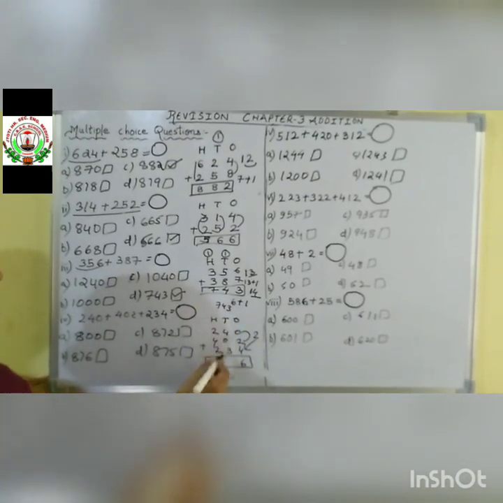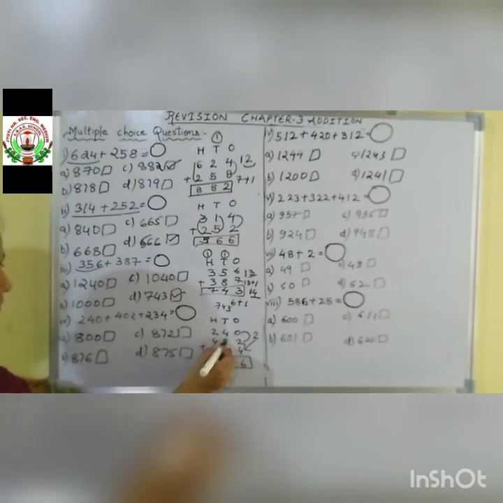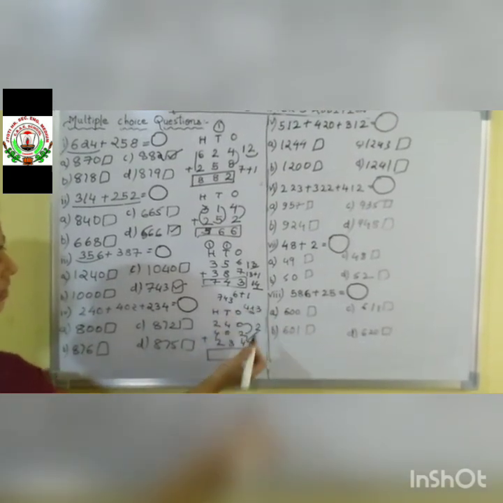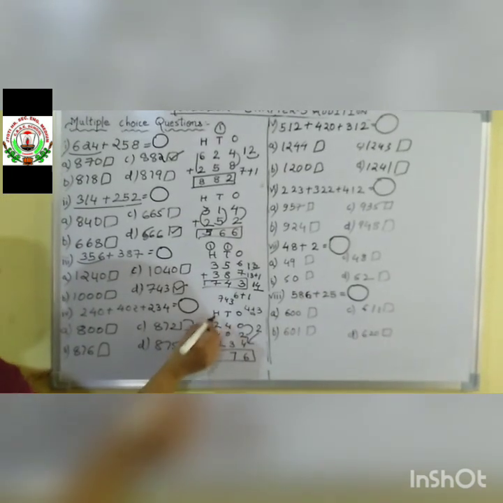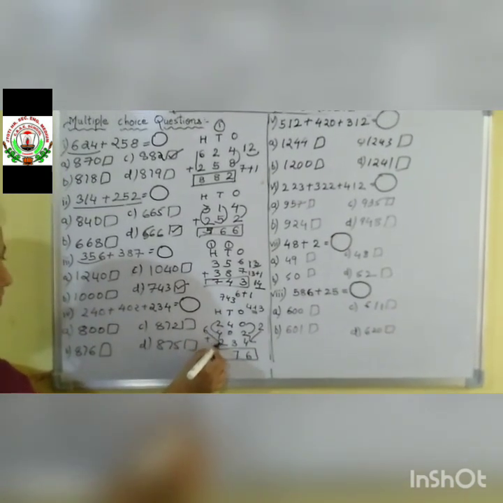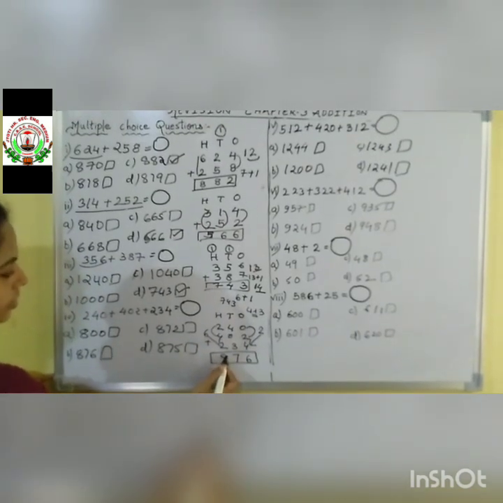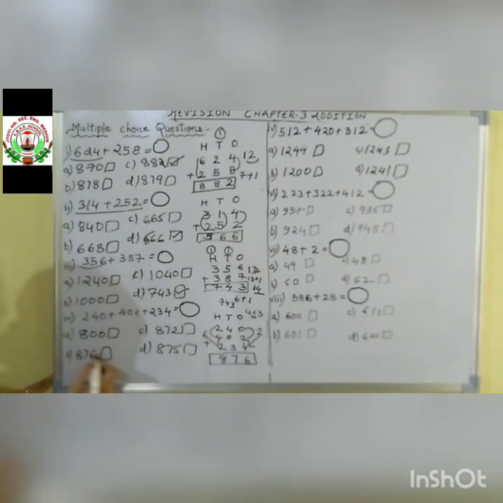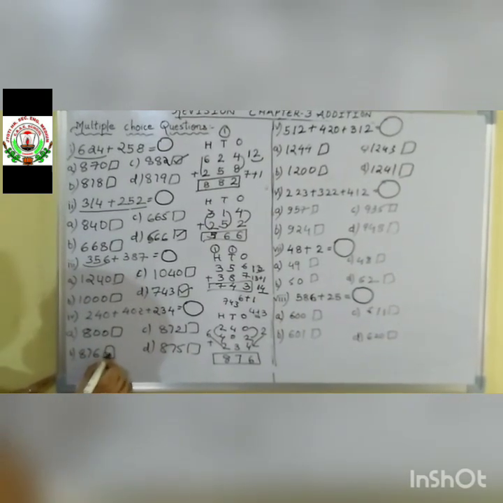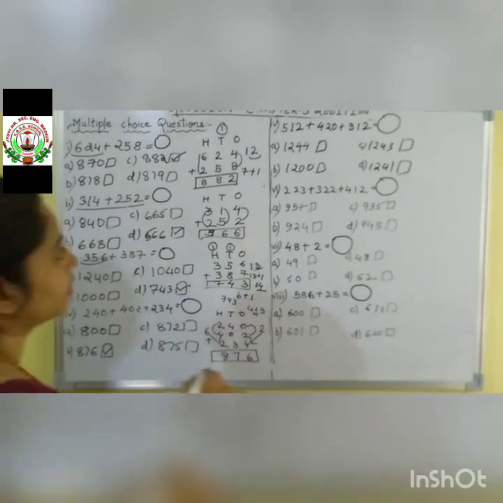Then tens place. 4 plus 0, 4. And 4 plus 3, how much? 7. Coming to the hundreds place, 2 plus 4, 6. 6 plus 2, yes, 8. So 876 is our answer. It is in option B, we can see 876 is there. So we will put a tick mark. Next.